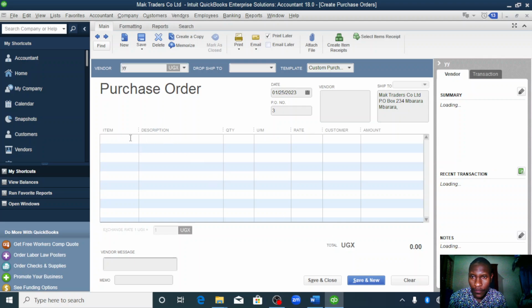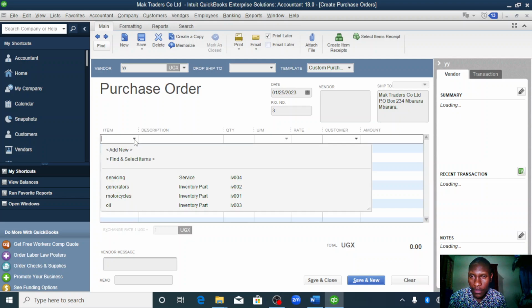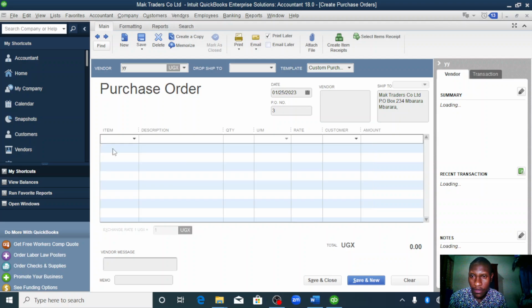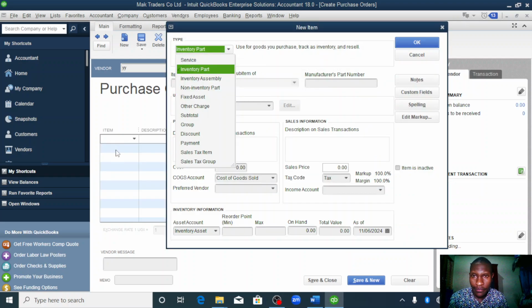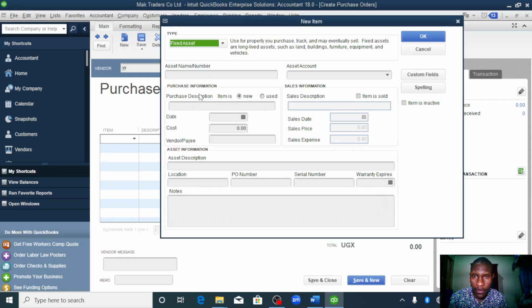So item, we are not having it there. We need to add it new there as computer and it is under fixed assets. Asset name, it is computer. Description is for office use.